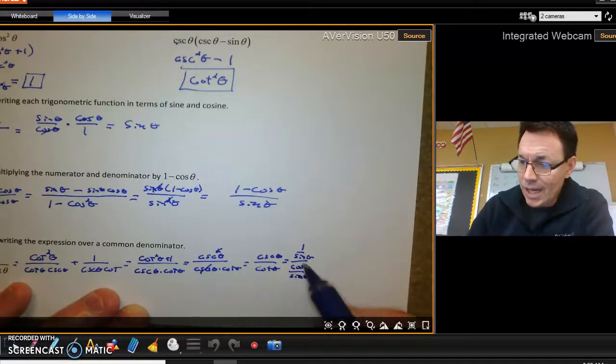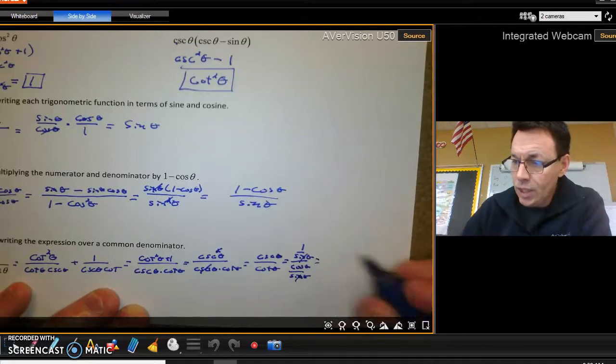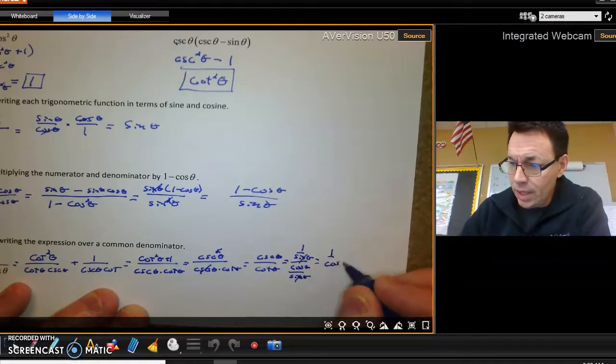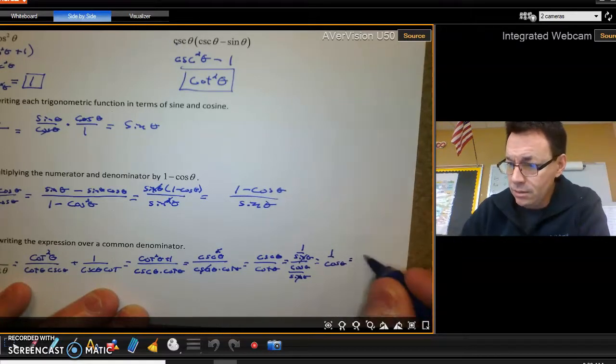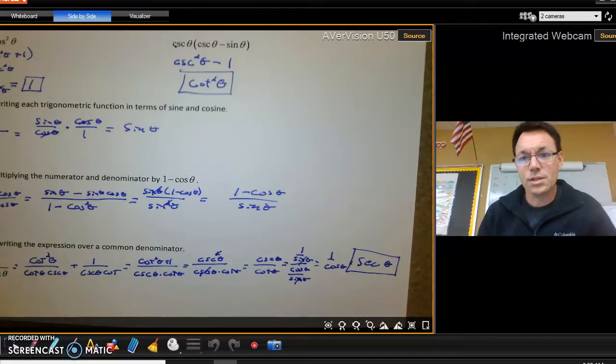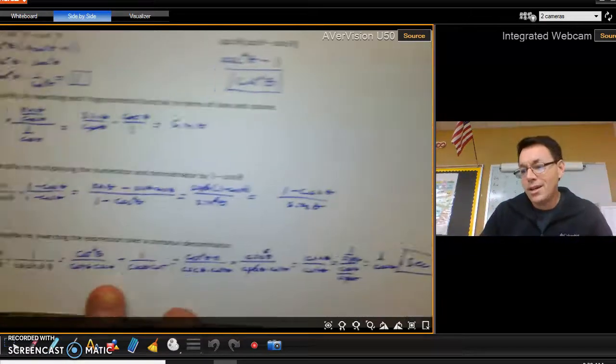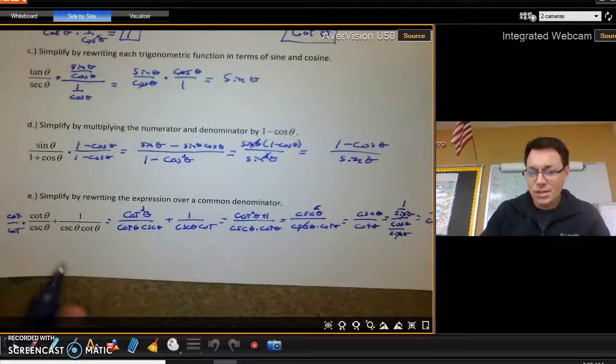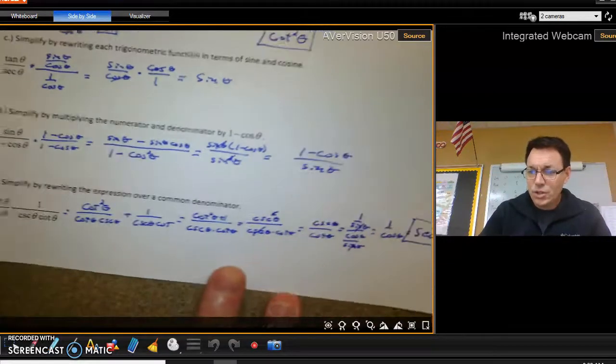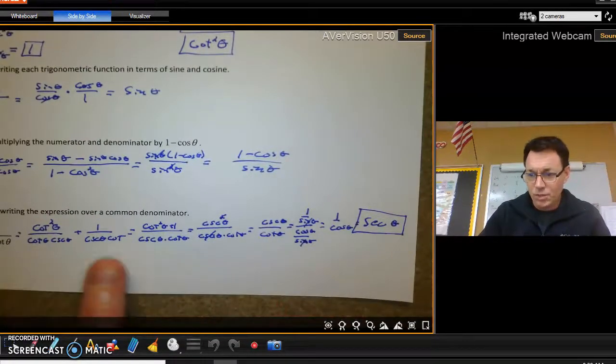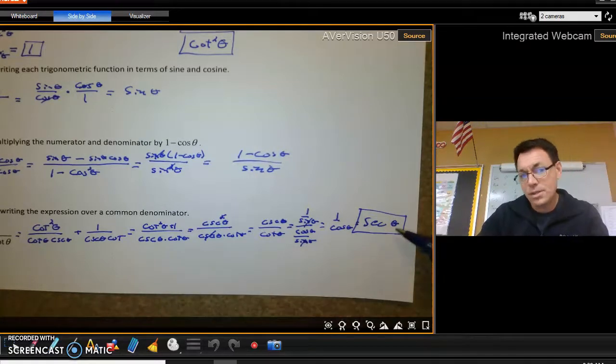So these two sines are going to cancel, and you're going to get 1 over cosine. But what is 1 over cosine? It's secant. I think that's a good place to stop, because it's just one thing. Okay, so this expression turned into, after a bunch of work and a bunch of simplifying, this expression.